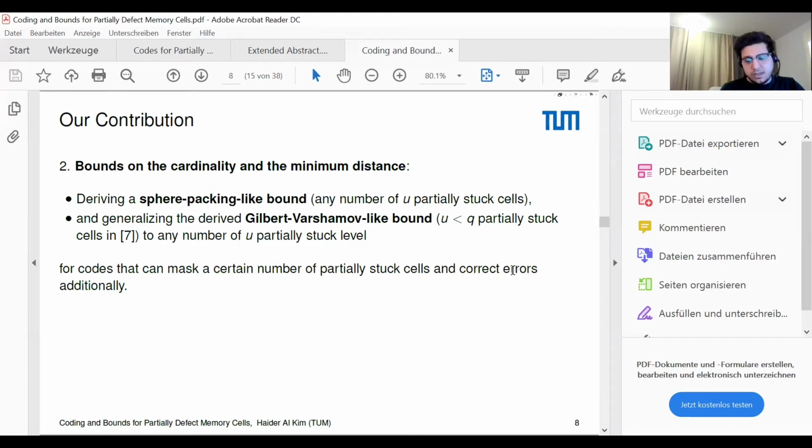This is a new result we present here only for this workshop. Both of them are for codes that can mask a certain number of partially stuck cells and additionally correct errors.